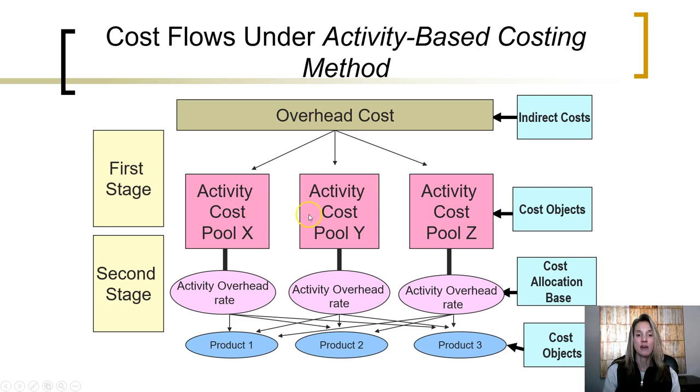Once we have a cost pool for each activity, an overhead rate is calculated for each activity cost pool. And then each activity cost pool uses its predetermined overhead rate to allocate to the cost objects. Here we have three activity cost pools. Each cost object or each product will receive an allocation from each cost pool.